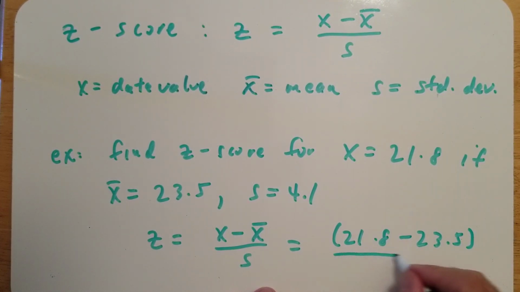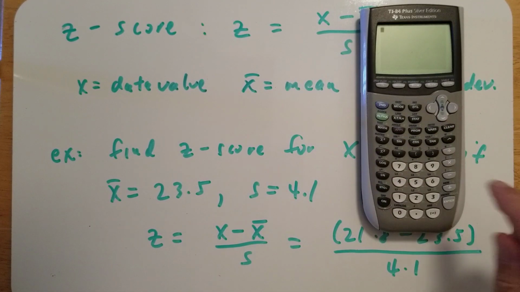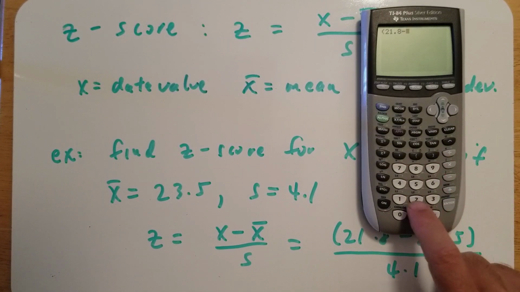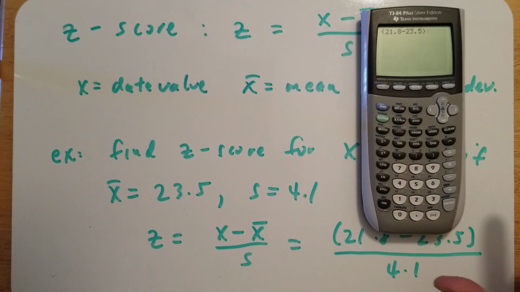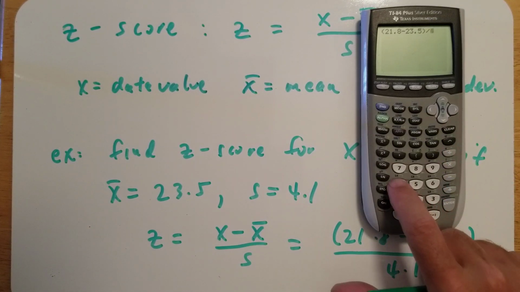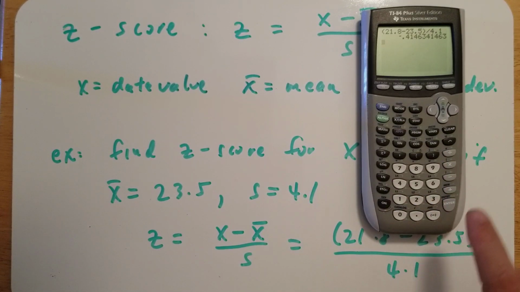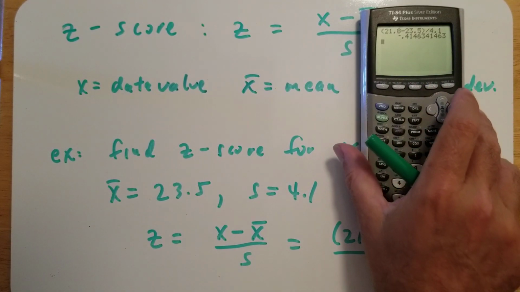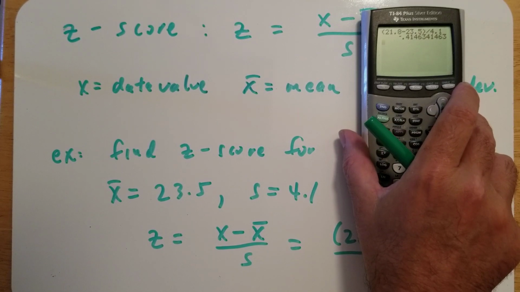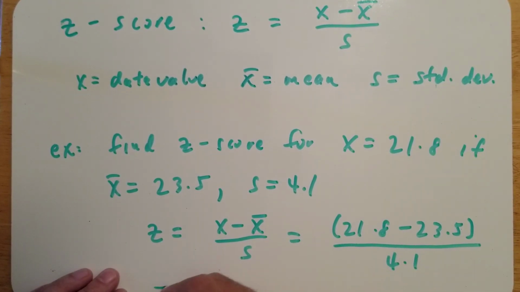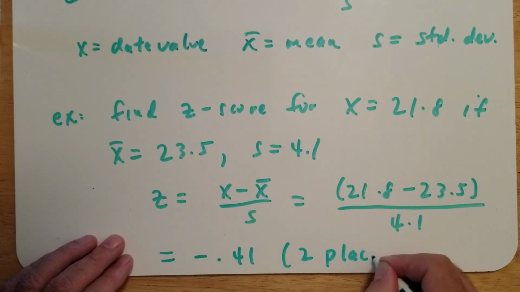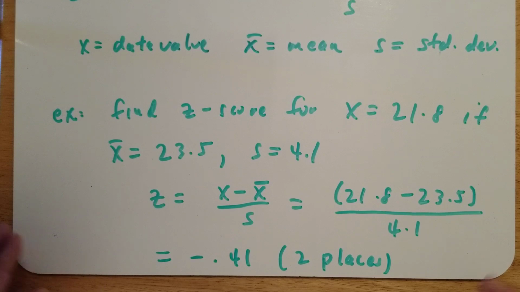On the calculator: parentheses, 21.8 minus 23.5, close the parentheses, divided by 4.1, and that comes out to negative 0.41. Z-scores are typically rounded to 2 decimal places, so I'm going to write that as negative 0.41.